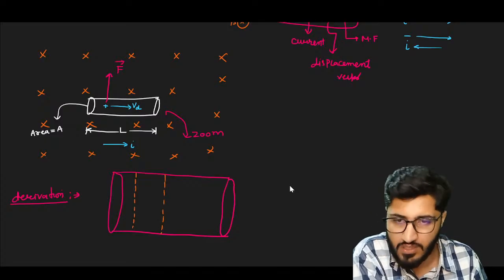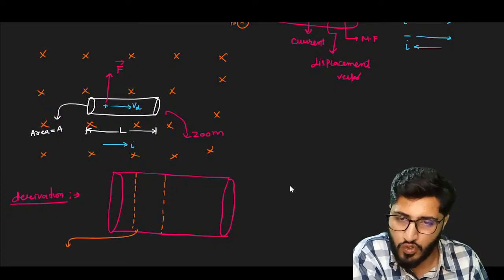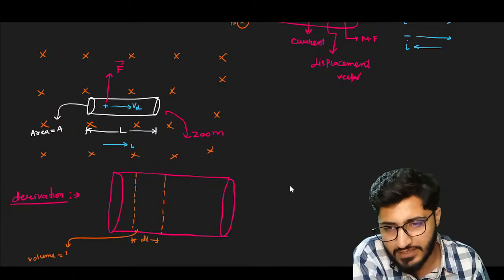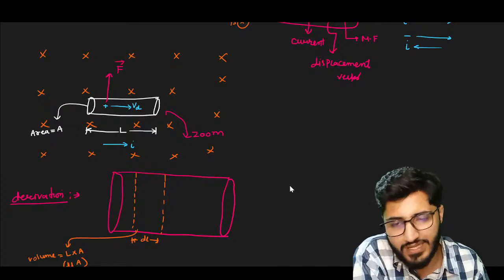I will take this area. If you need to write, it is volume. What is volume of this area? If this length is dl, what is the volume of this area? Volume is length into area. Length is dl, area is A. Is volume dl A?